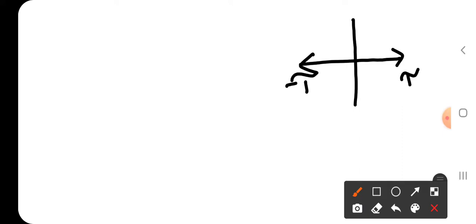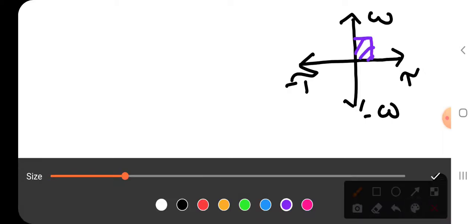Torque minus, torque; omega minus, omega; and here the characteristics may be in the first quadrant. For that first quadrant I am drawing the circuit diagram like this.